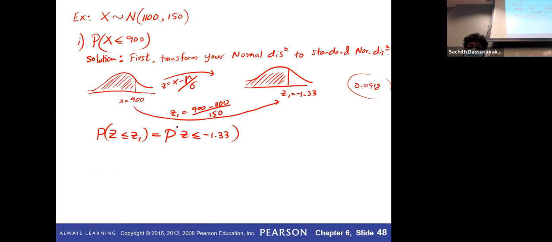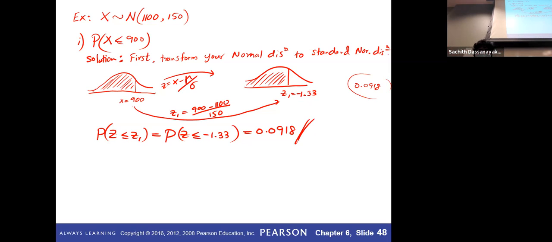This equals 0.0918. Since we are talking about areas or probabilities, you don't need to think about whether you need to go back. No, this is the answer. They ask for the probability, so this is your answer. You don't need to go back. Okay.